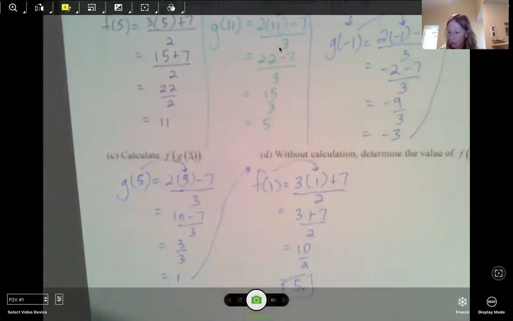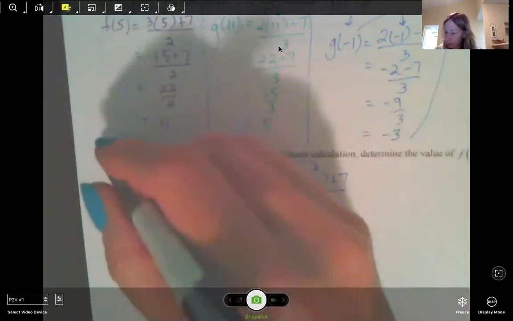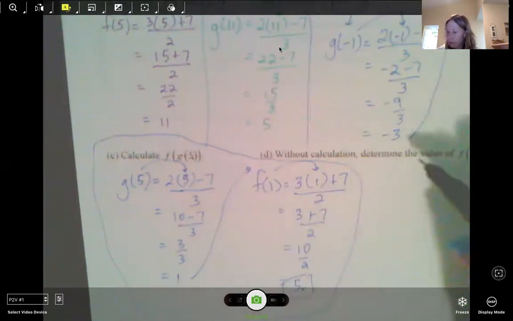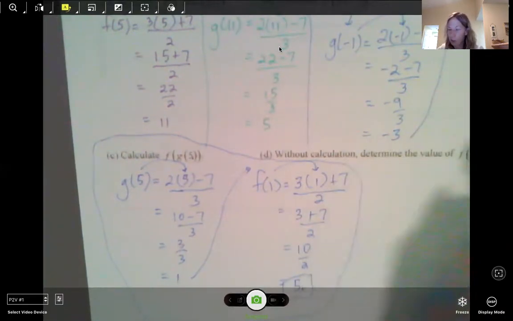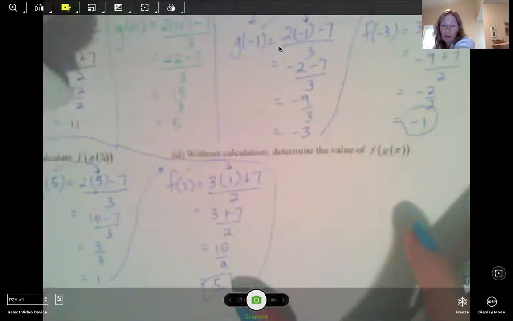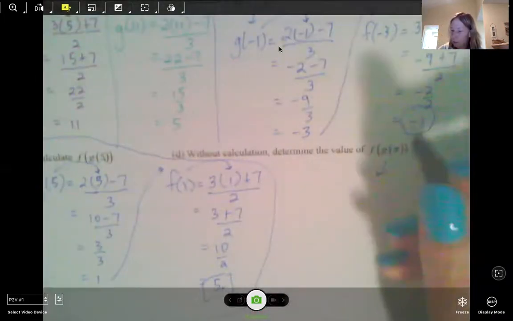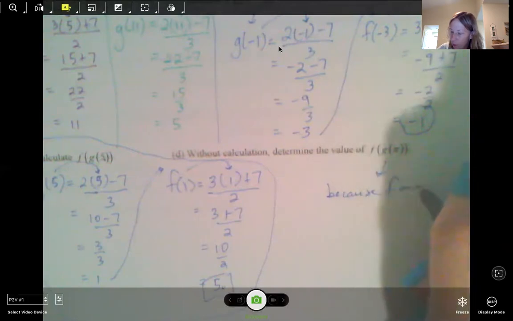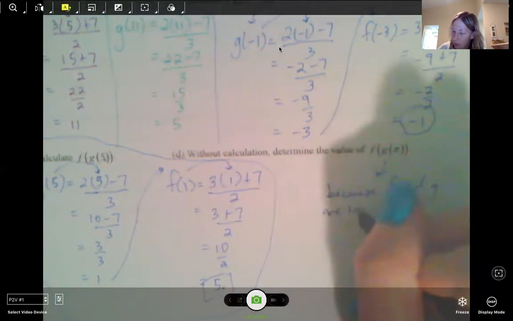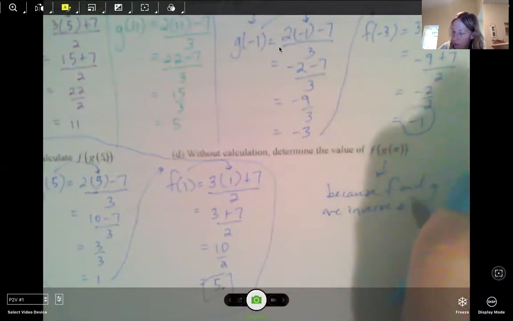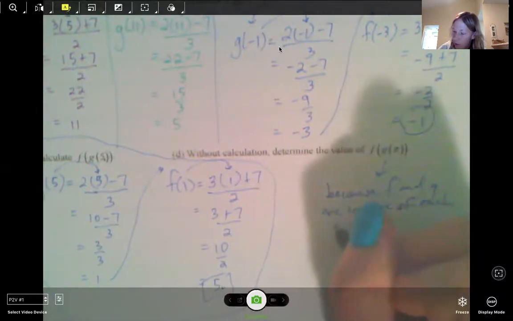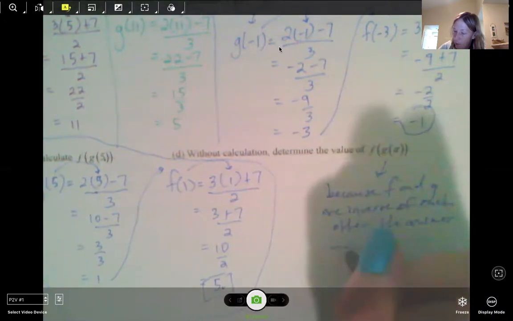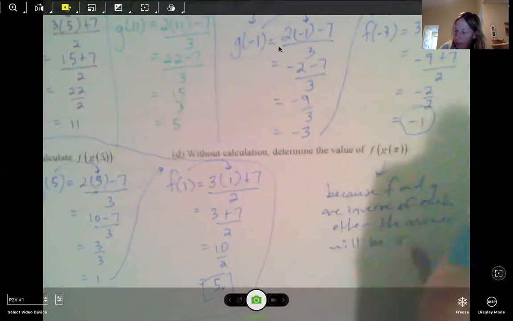And in this last one, it says, without calculation, determine the value of f of g of pi. Well, because we already know that f and g are inverses of each other, the answer will be pi.